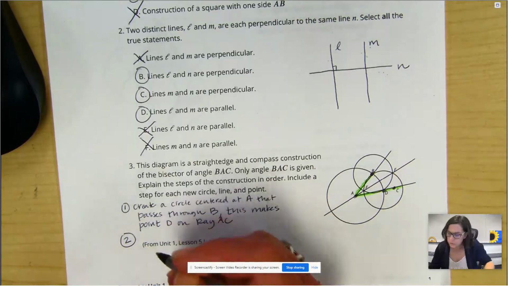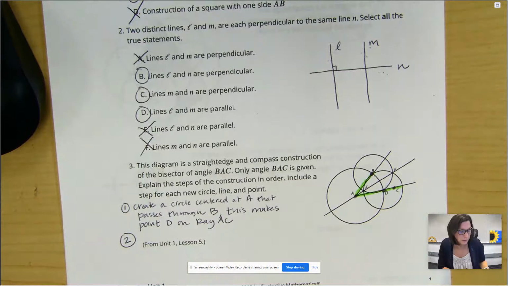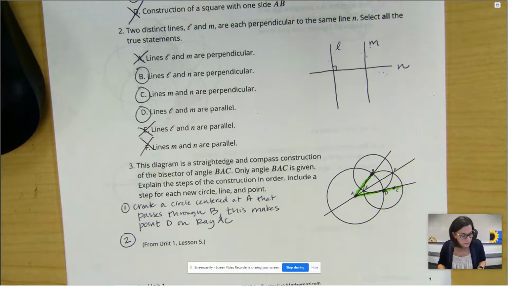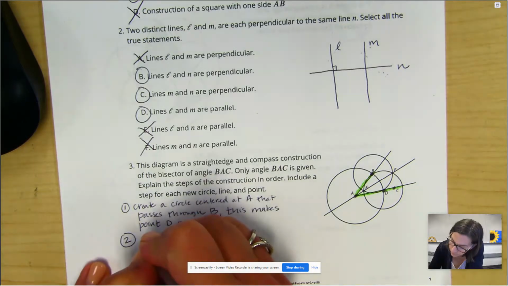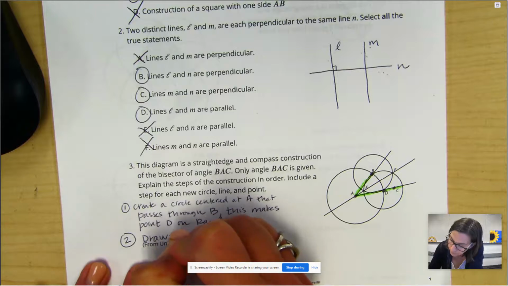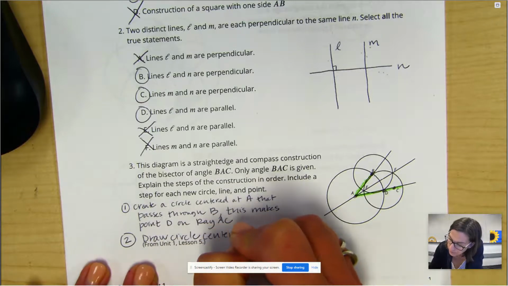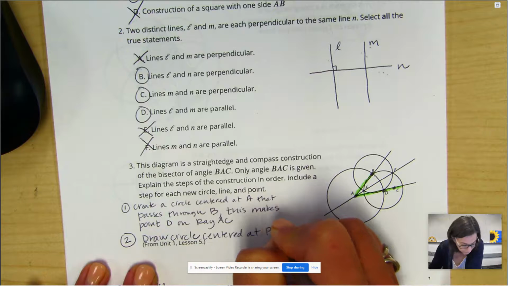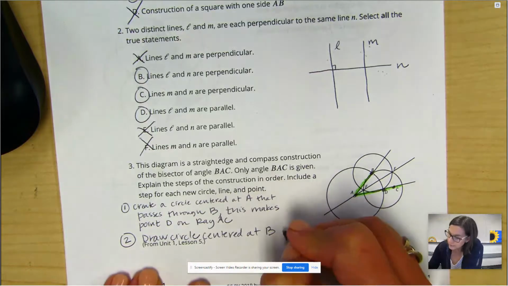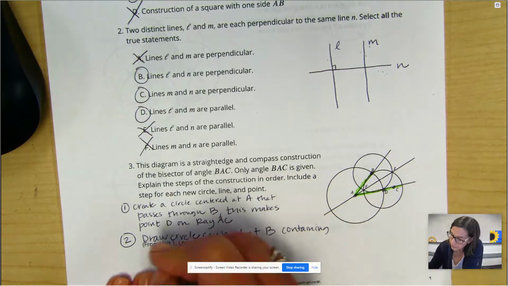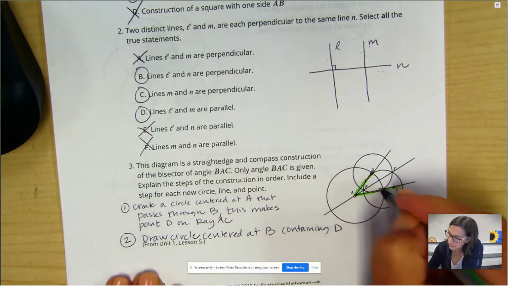So how should we say that? Maybe quickly. I think the book does a good job. It says, next, draw a circle centered at B, containing D. So using that radius.